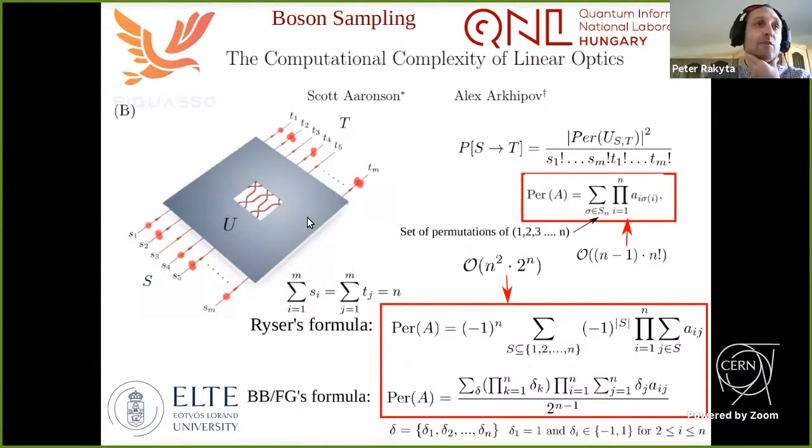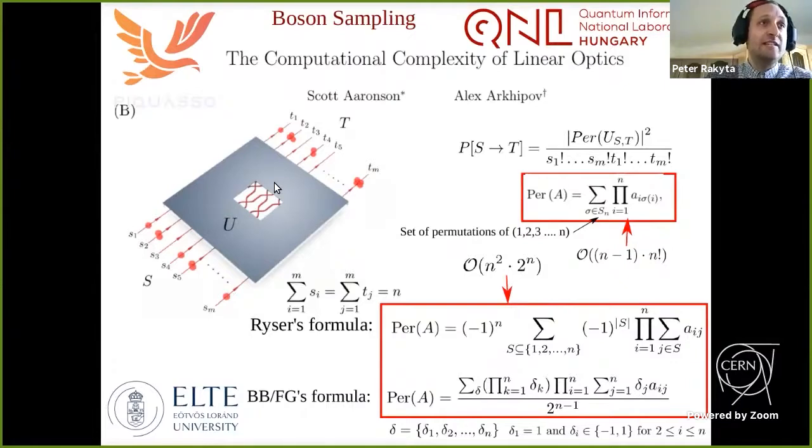Okay, the main problem here is that you have an optical interferometer made of linear optical elements, and we can describe it by a unitary U, and you have some input ports and output ports. These are called optical modes, and on each optical mode you might have one, two, or three photons.